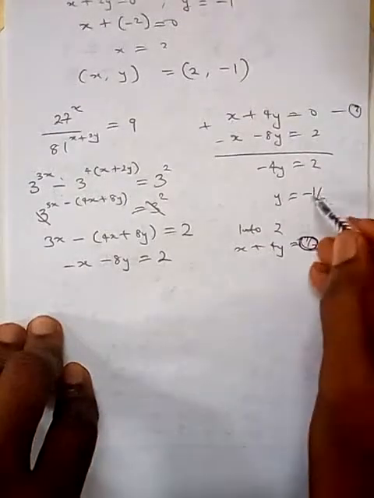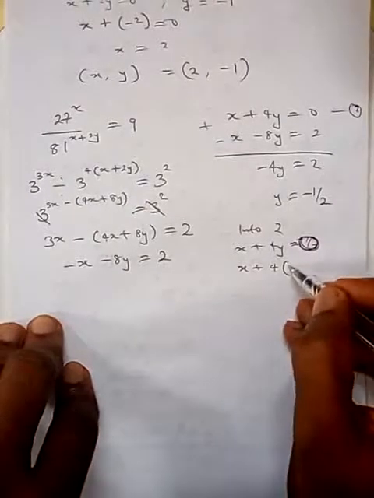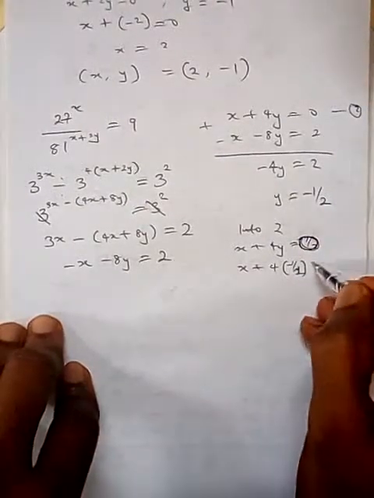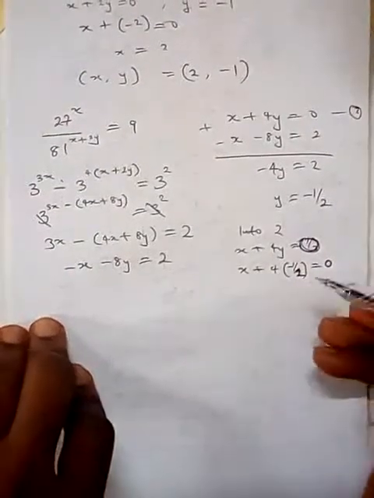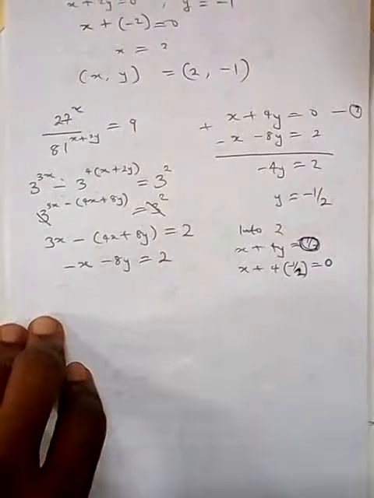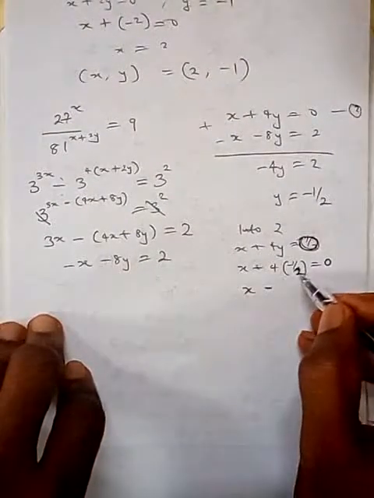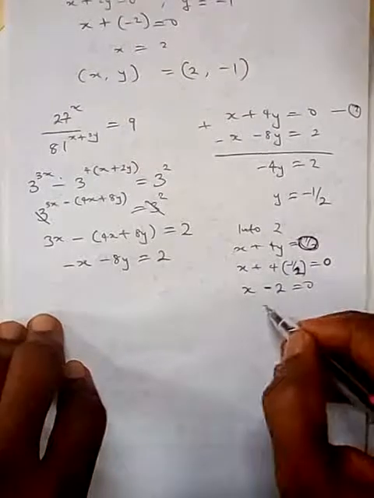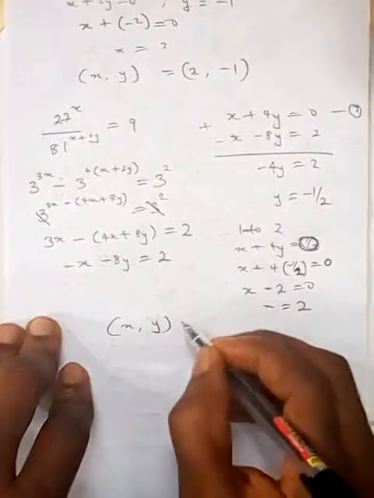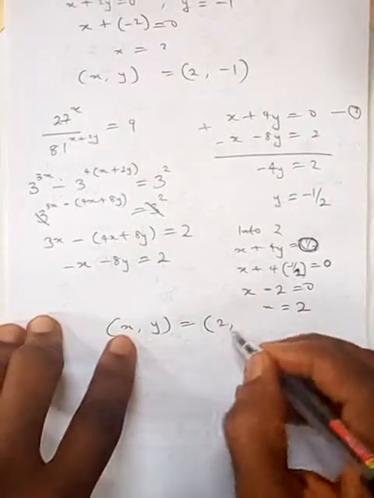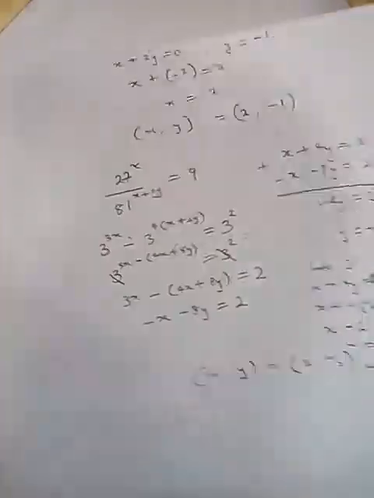So I want to put y is equal to minus 1 over 2 here. So it's going to give me x plus 4 times minus 1 over 2 is equal to 0. I'm beginning to look at my time. I want to cover before this 1 hour runs out. So this is x minus 2 is equal to 0. So x is equal to 2. So the values of x is 2, and y is minus 1 over 2. That's the answer.